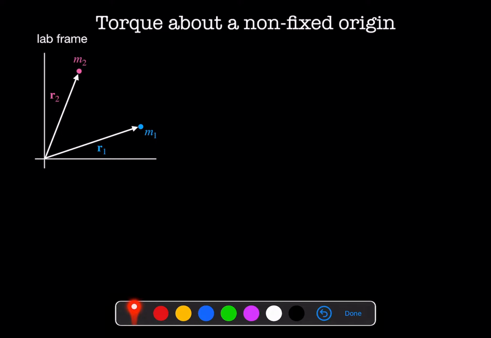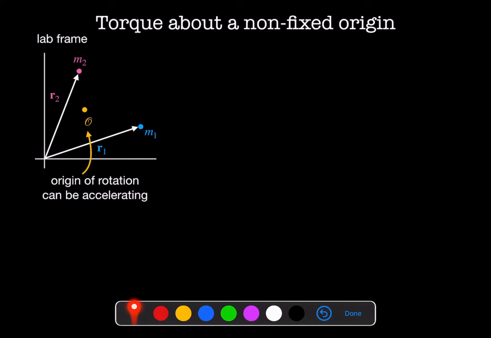Imagine we've got two particles, m1, which is located at distance r1 from the origin of our lab frame, and m2, which is located at distance r2 from the origin of our lab frame. Now we have some point that is the center of rotation. And this point, this origin of rotation, can be accelerating.